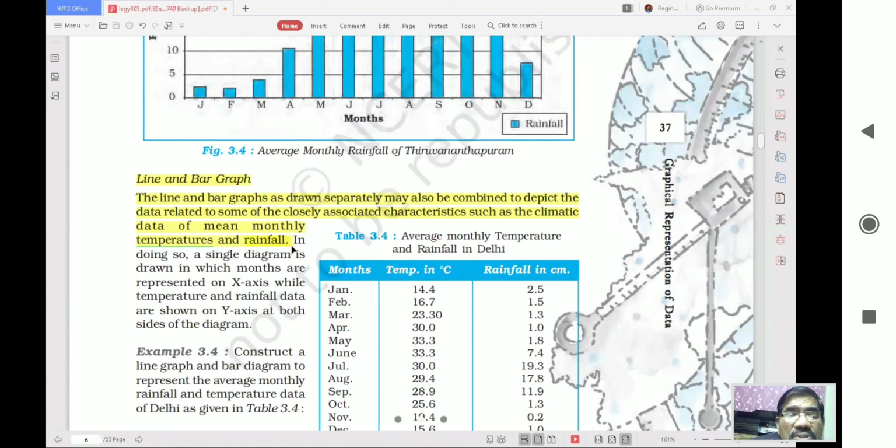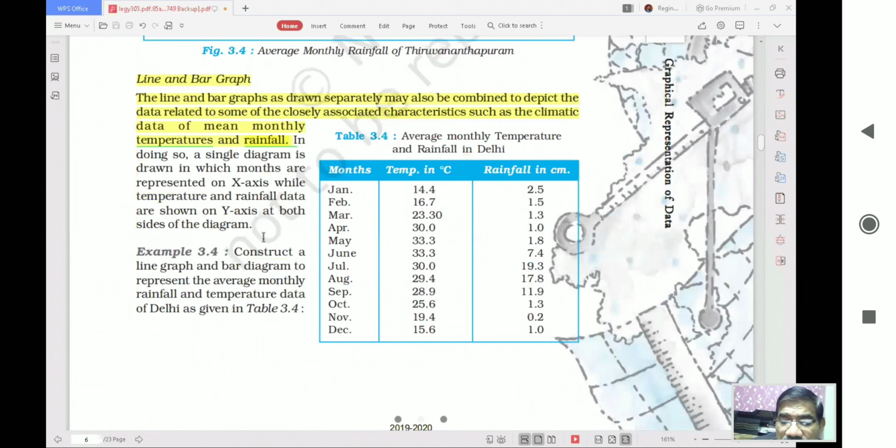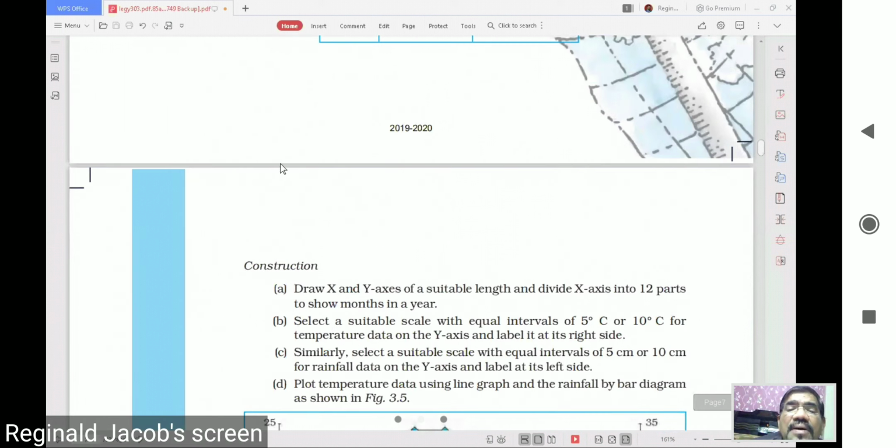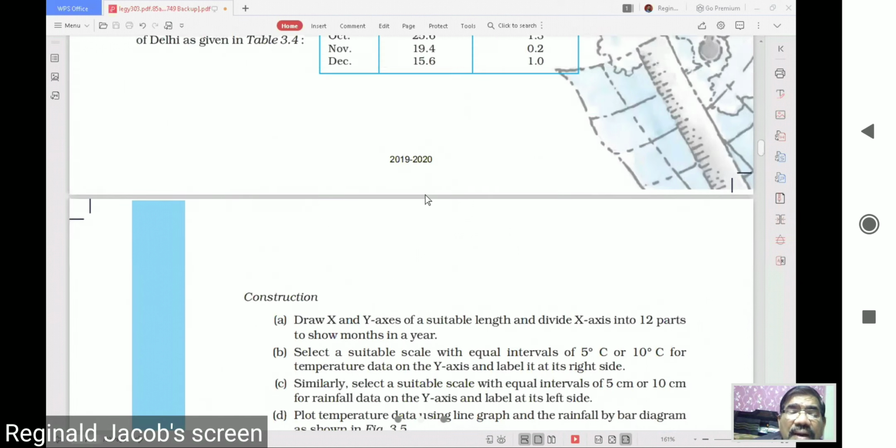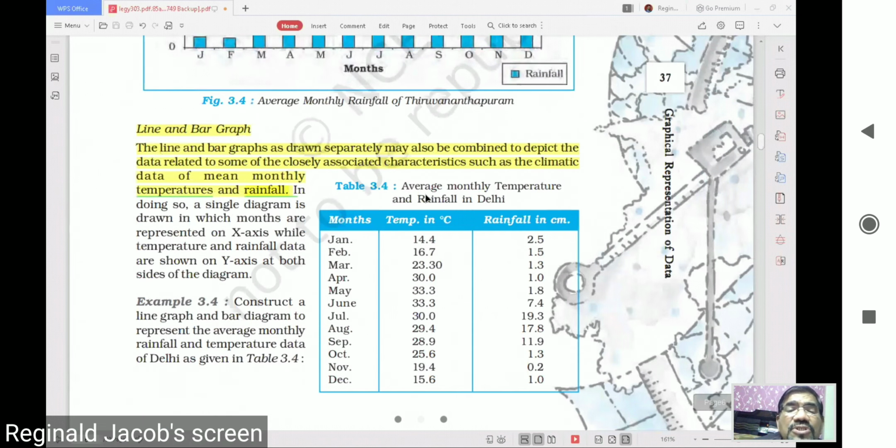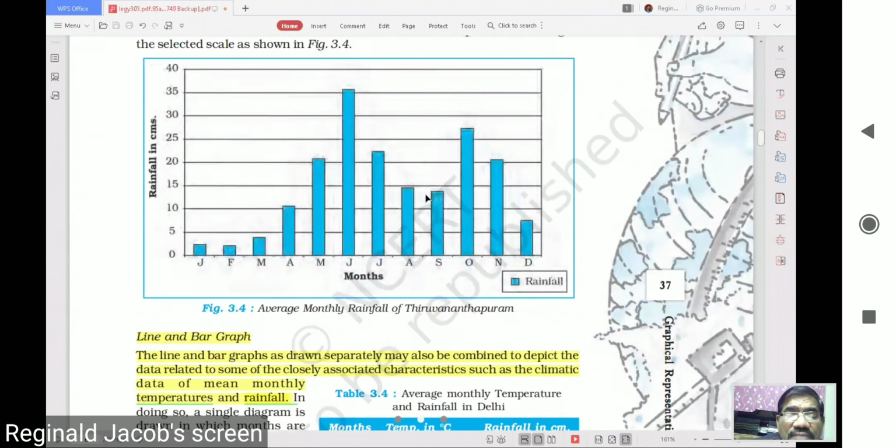Again, you can see the rainfall is being shown by bars and temperature is shown by line graph. Okay, so with this we come to the next concept, and you can see this figure of line and bar graph which is shown here.